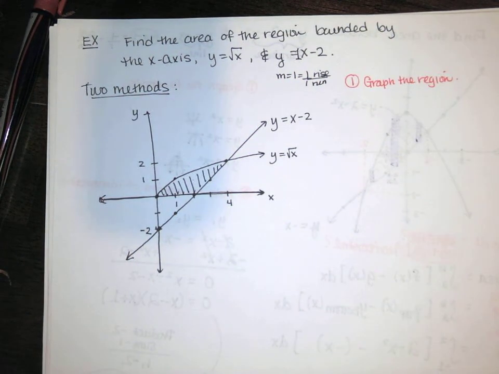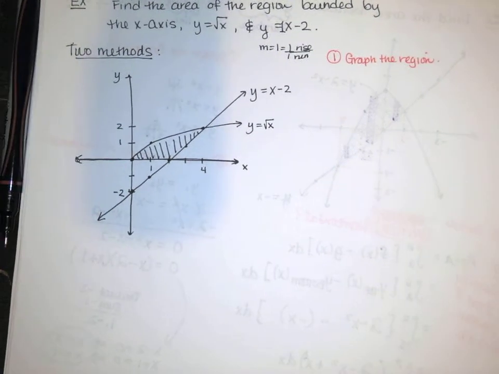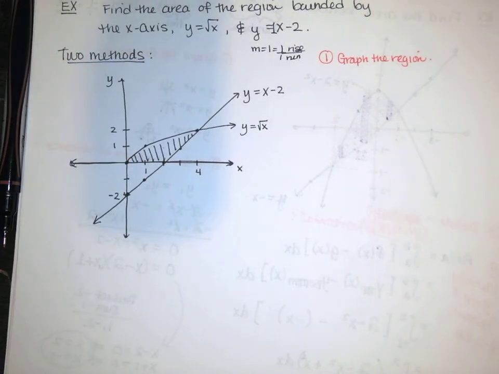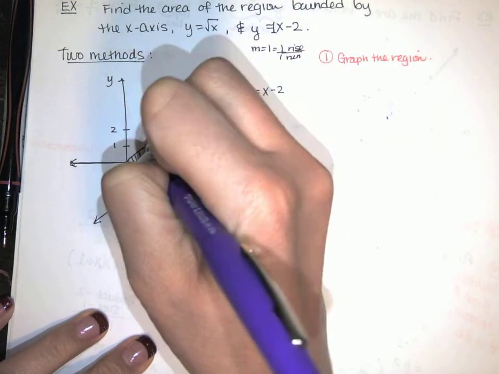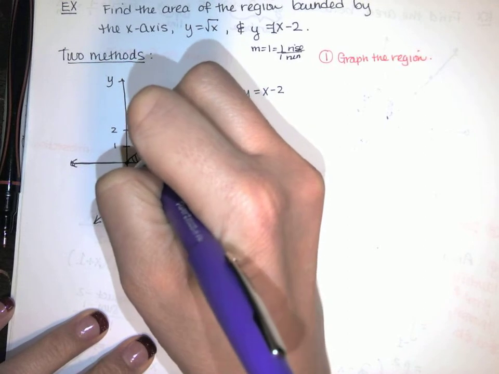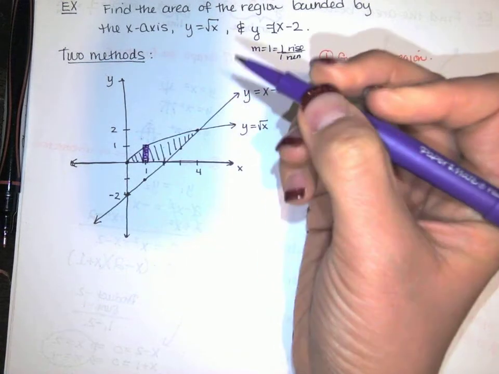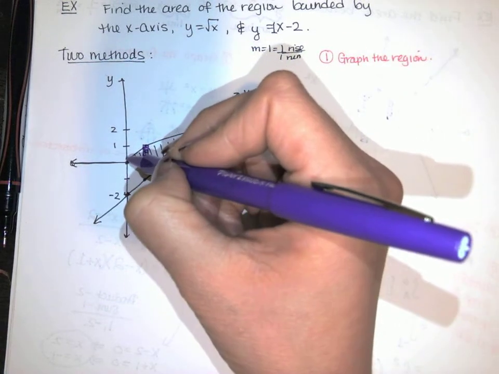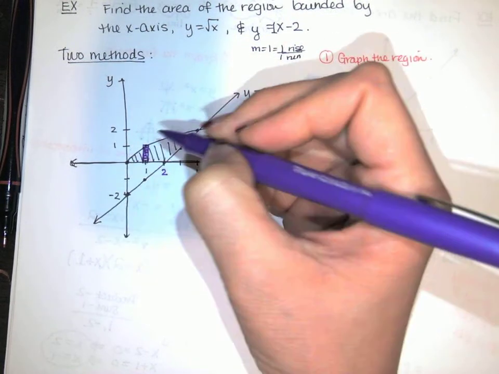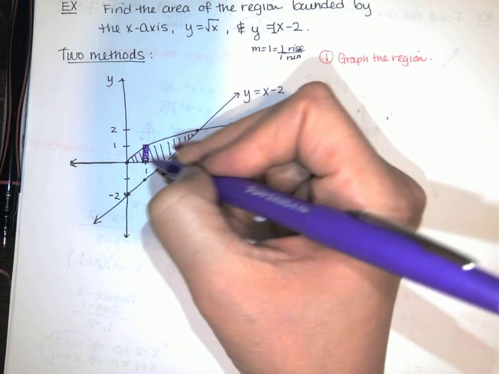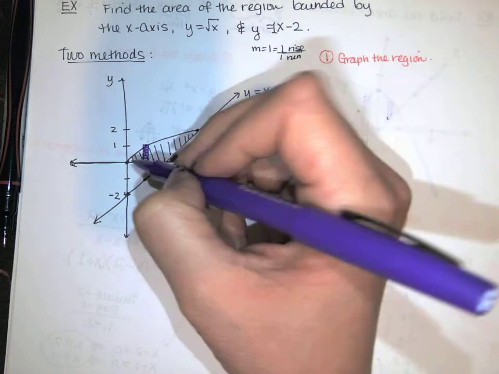Now I can do this two ways. I can integrate with respect to x if I want to, by drawing all of my rectangles vertically. But notice what happens. For x between 0 and 2, the top function is the square root and the bottom function is just the x-axis.